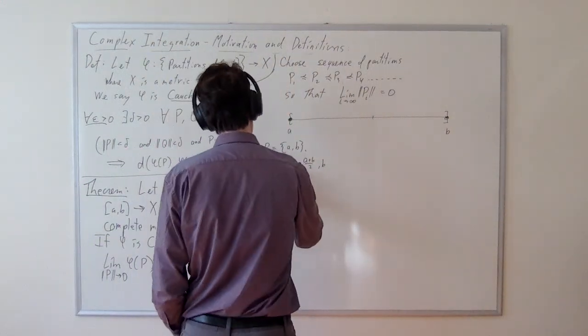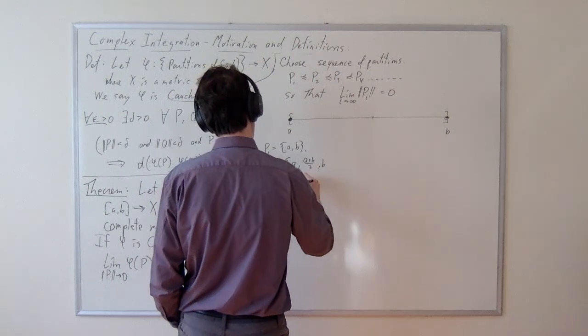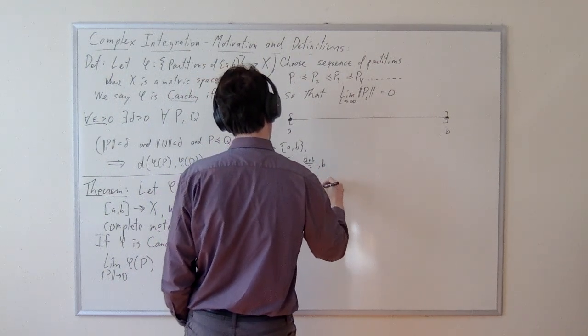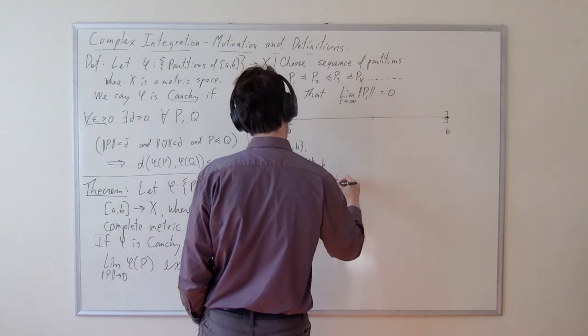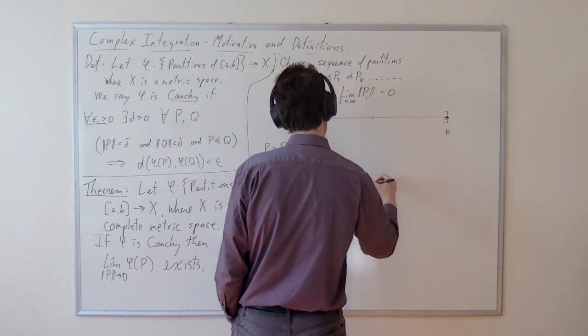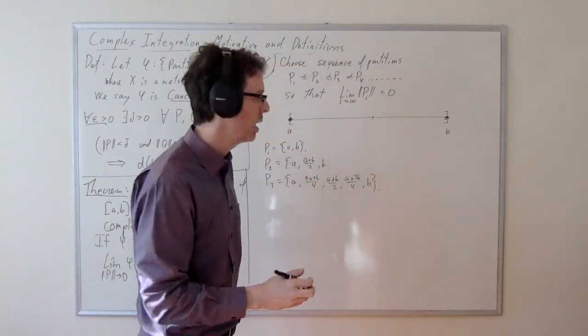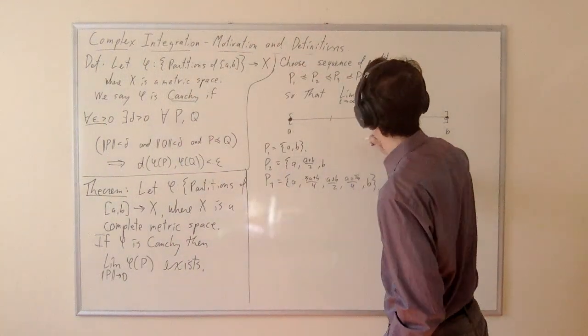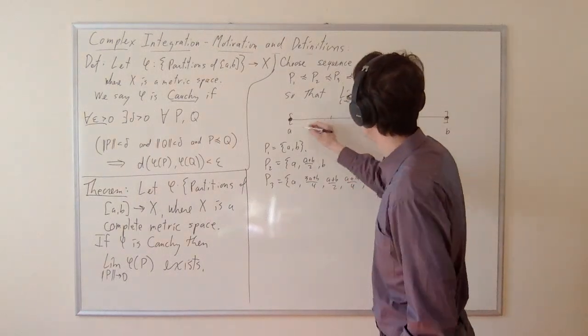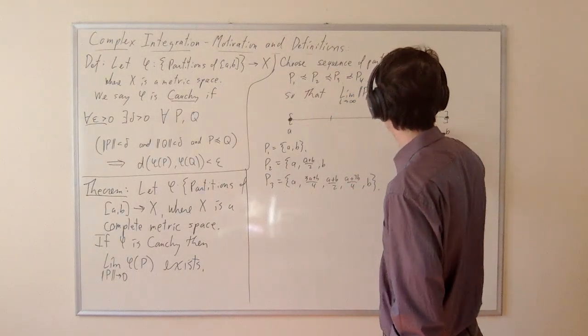And then P3 can be A, the weighted average 3A plus B over 4, the average A plus B over 2, the weighted average A plus 3B over 4, and B. I'm giving complicated algebra for this, but I'm just adding 2 more points there and cutting it in half again. So here, what I've got is a picture of P3.